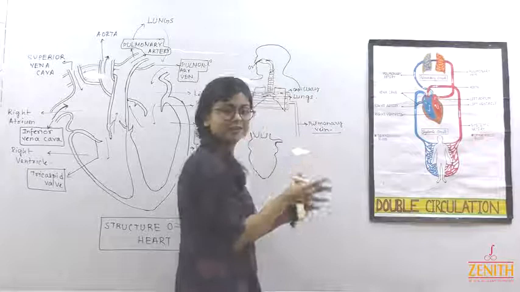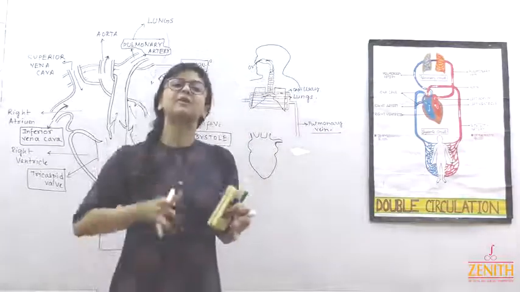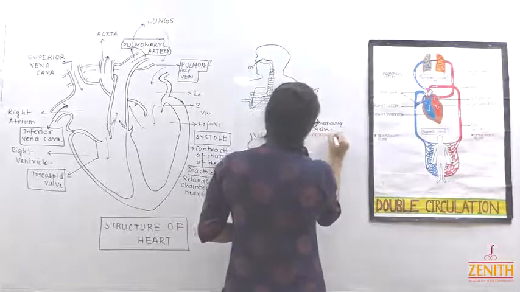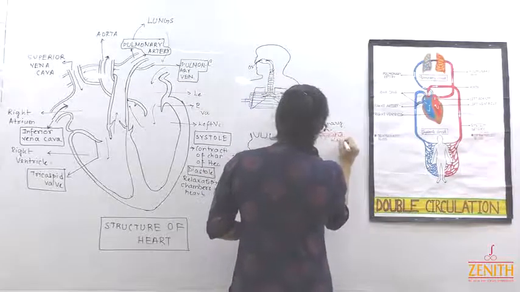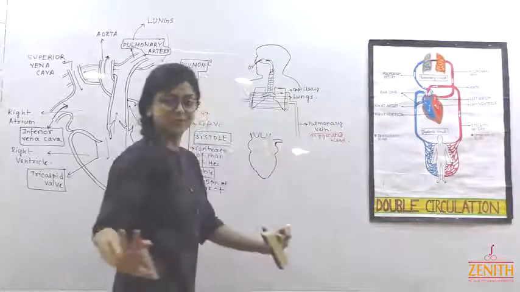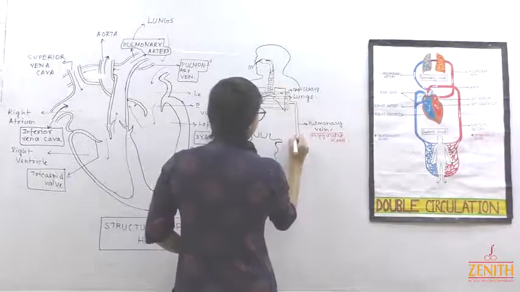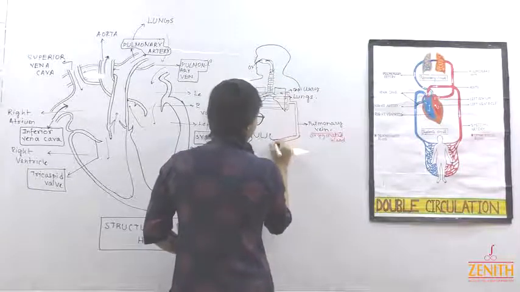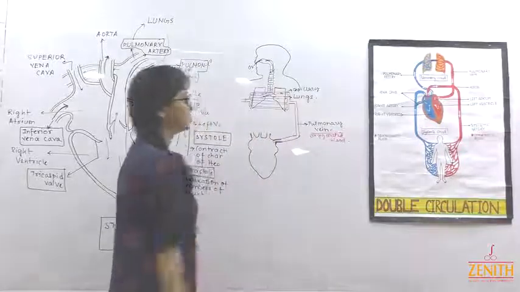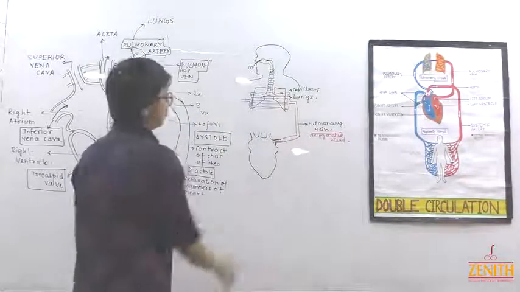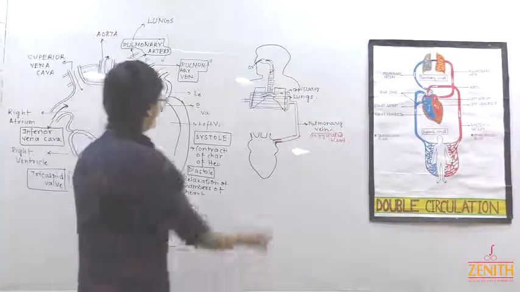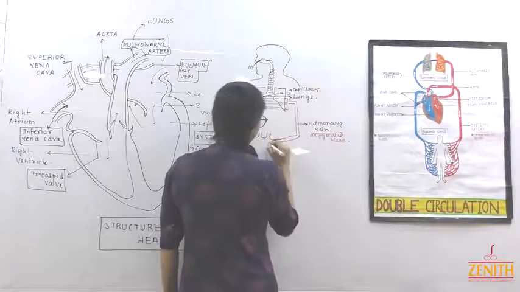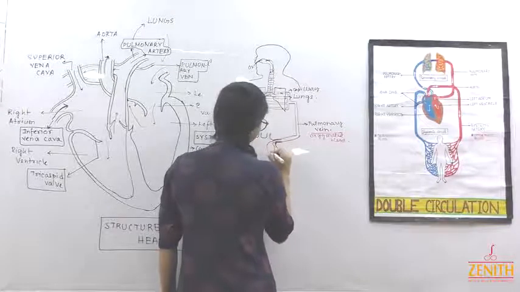The pulmonary vein is carrying the blood which is filled with oxygen. So this blood is called oxygenated blood, the blood where oxygen is present. Here the oxygenated blood enters through the pulmonary vein directly into this atrium. We know this is the left atrium, this is the right atrium. So the left atrium is gradually filled.